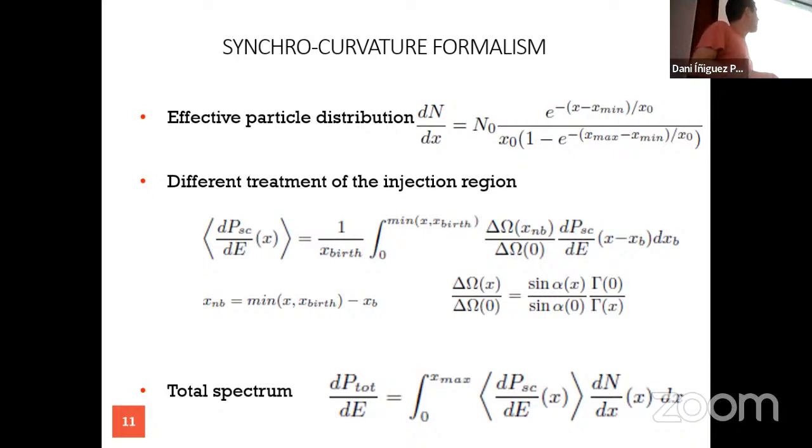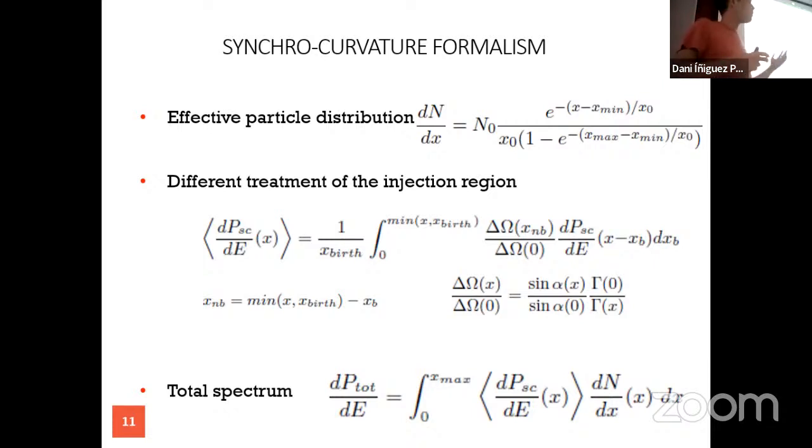Now, one physical ingredient that has been newly introduced in the last year is a different treatment of the injection region. What was done so far was to consider that up to an extent of 10⁻⁴ light cylinders, the spectral contribution at each position was dominated by the properties of the particles being injected at each one of these positions.